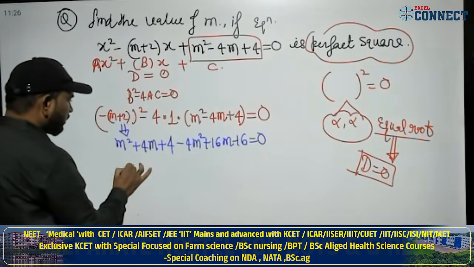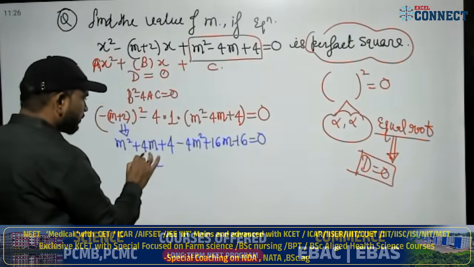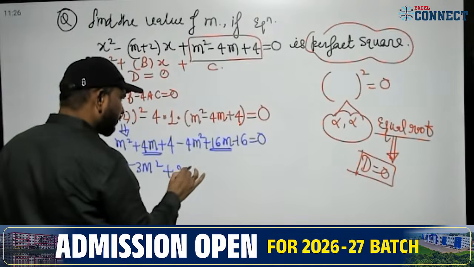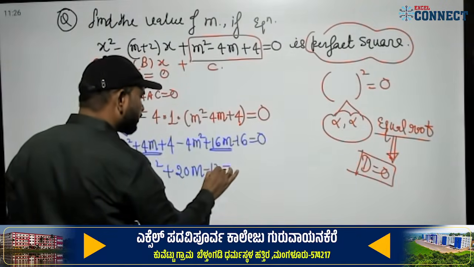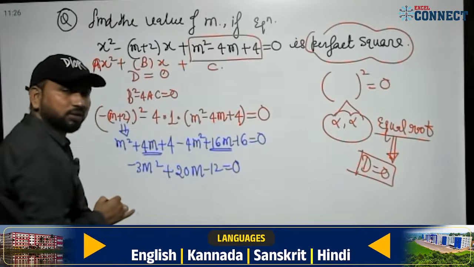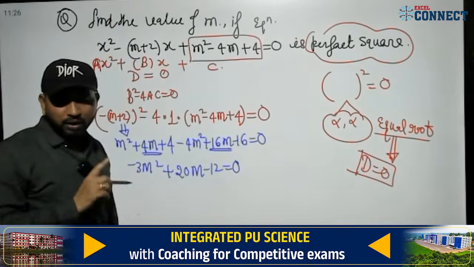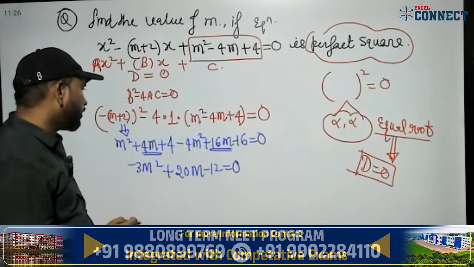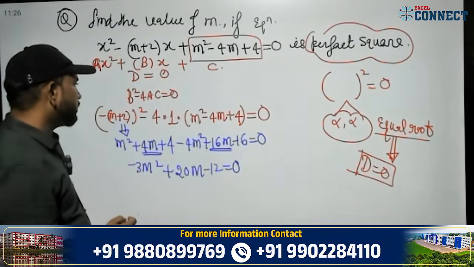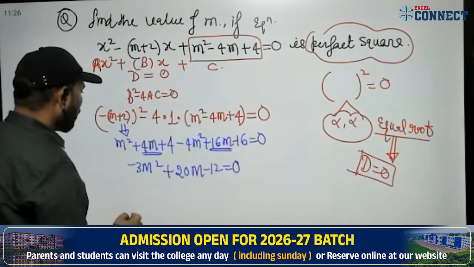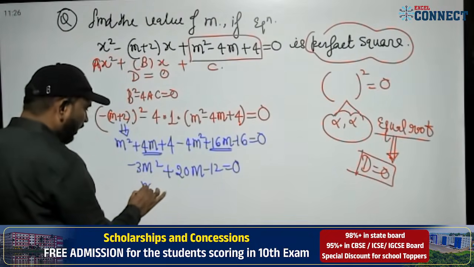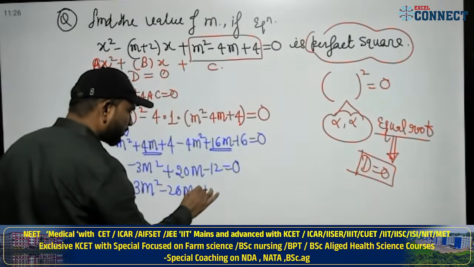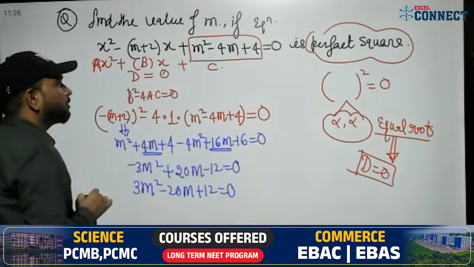Now further we can factorize. What remains here? This is minus 3m square, 4m plus 16m is plus 20m, and minus 12 is equal to 0. Up to here any problem? 16 is correct. Now take the minus symbol common, so 3m square minus 20m plus 12.